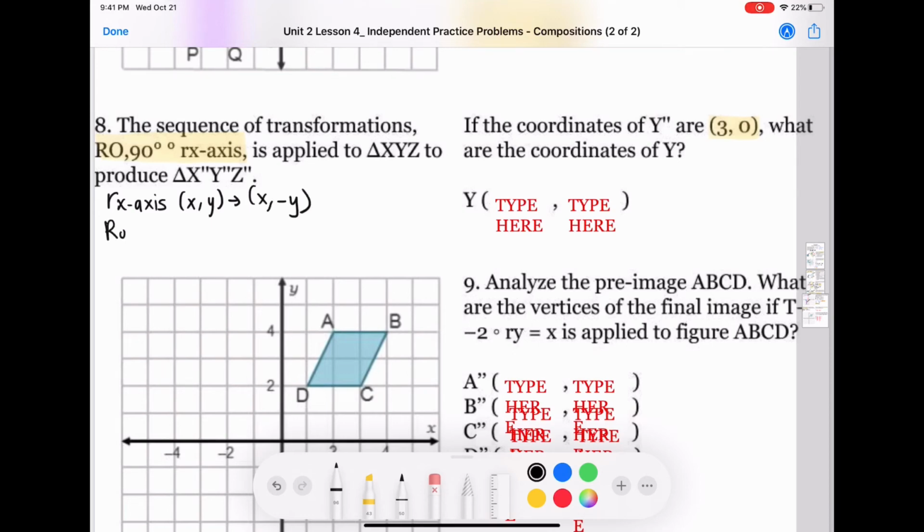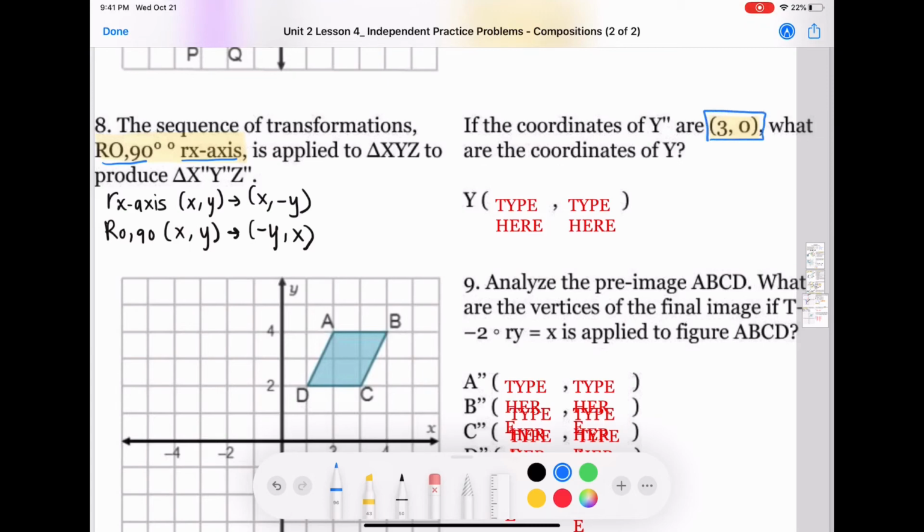And then we had a rotation of 90 degrees, which tells us to take our original x and y coordinates, switch the x and y, and negate the y. We completed this transformation from right to left, and in doing so, we arrived at this coordinate.